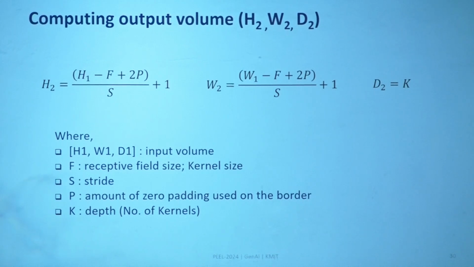This is the formula: the padded input, n plus 2p minus f, divided by the stride value s, plus 1. This will give you the dimensions of the output feature map when you apply both padding and striding in your convolution operation. Remember this formula. And the final last one is determined by the number of kernels that you are using.